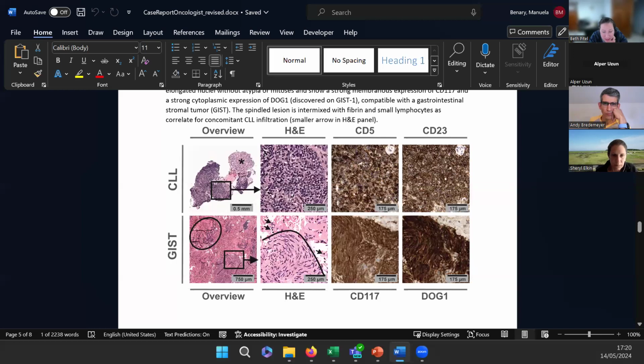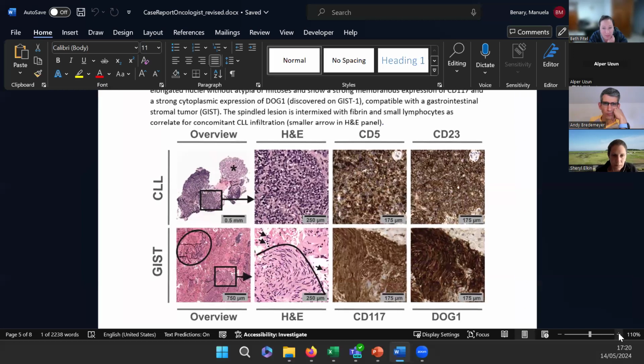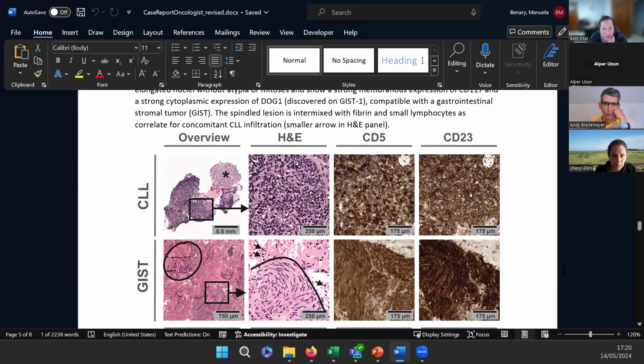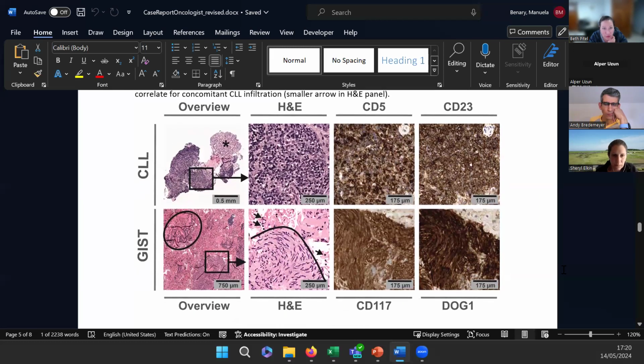For the CLL, you have the big dark round nuclei, which are leukocytes, whereas in the GIST, either you have your cells kind of being smushed, or you have a more spindly appearance. That's my very rudimentary analysis of this. If there's anybody more well versed in pathology, you can jump in.